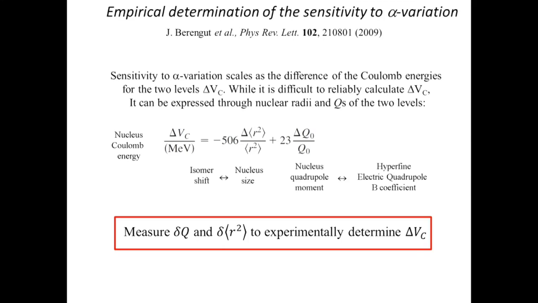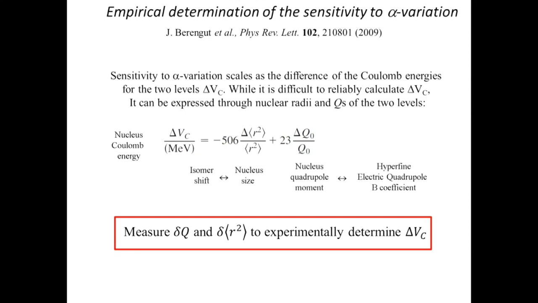Basically, the difference of Coulomb energies of the ground and isomer levels is proportional to the difference of mean square radii of the nucleus for the ground and isomer levels, and to the difference of the electroquadrupole moments of the nucleus for the two levels. And these numbers can be determined in the laboratory.